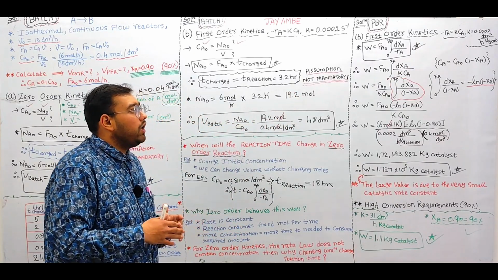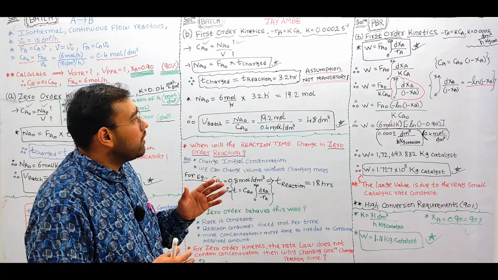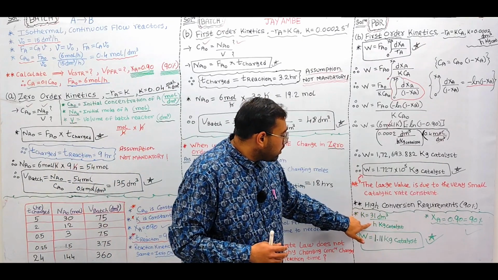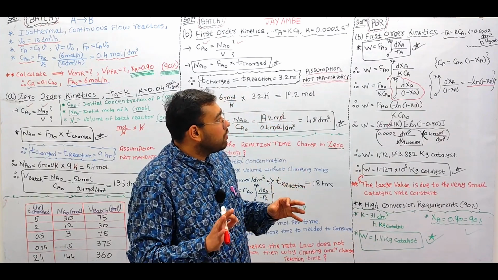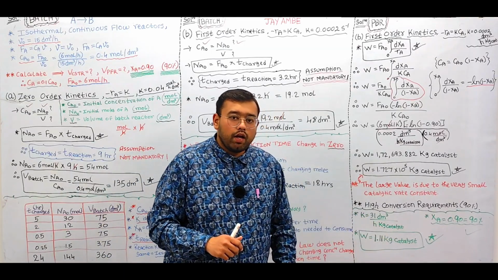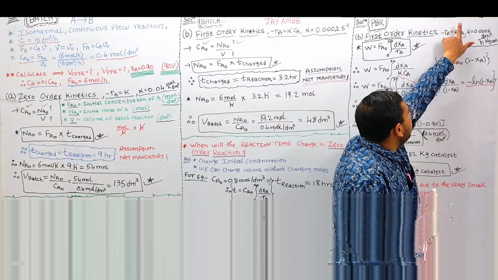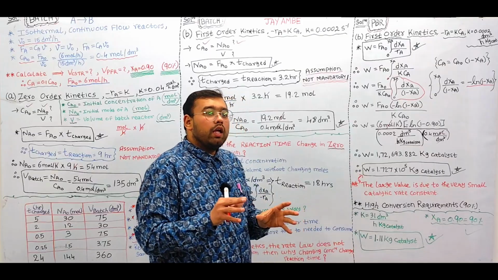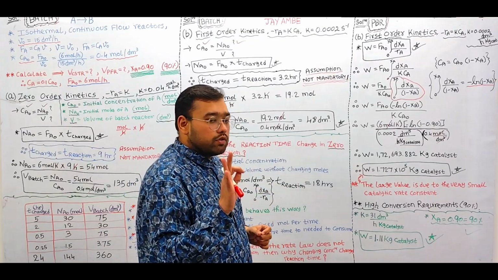If I increase my rate constant from 0.0002 cubic decimeter per hour kg catalyst to, let's say, 31 cubic decimeter per hour kg catalyst, then the reaction rate will also increase, due to which we will require a very small weight of the catalyst to achieve the same conversion of 90%.